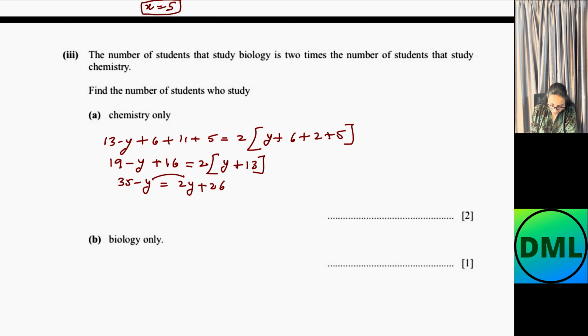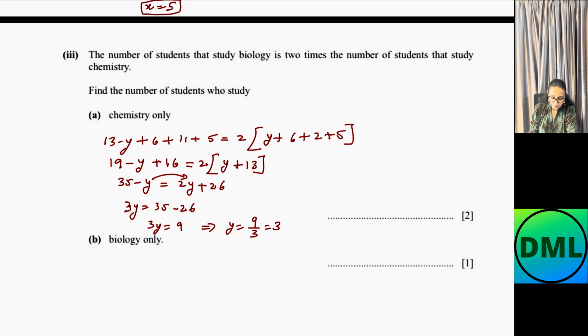If I move this y to this side, this will be 3y is equal to 35 minus 26. I moved y to this side and 26 to this side. 3y is equal to 9. This gives y equal to 9 divided by 3, which is 3.